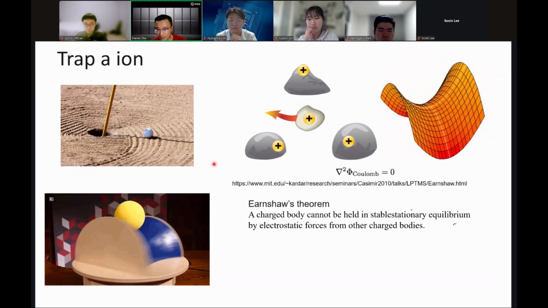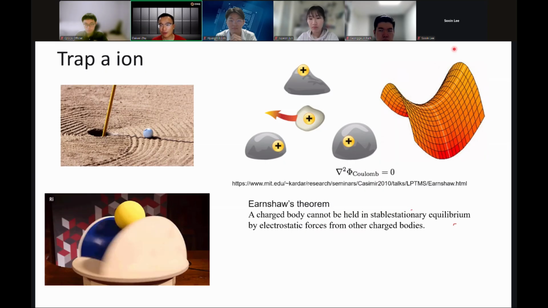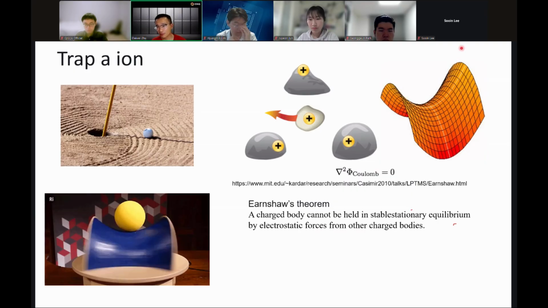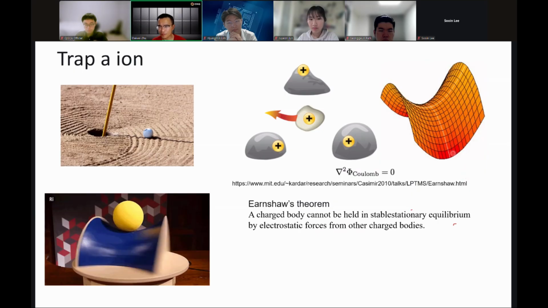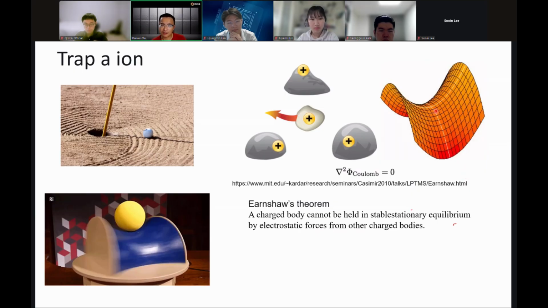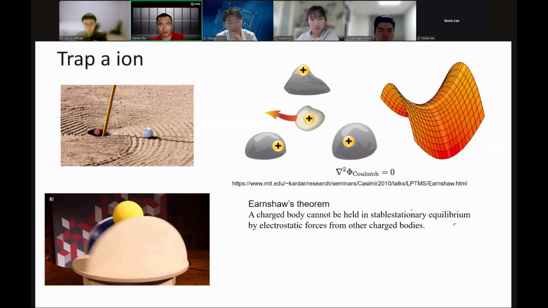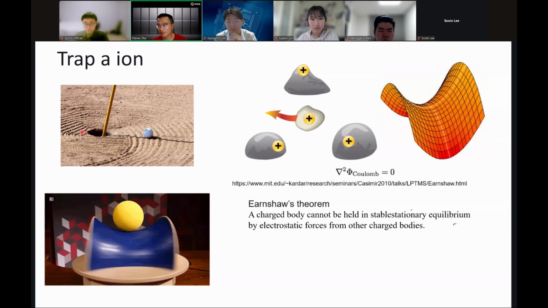So what that means is the best you will have is this kind of saddle point, right? You can trap the ion along these two directions, but in the opposite orthogonal direction, it actually repels the ion, right? So with this fact, you will never be able to have a hole like this that can trap like a golf ball in between. But what can we do?